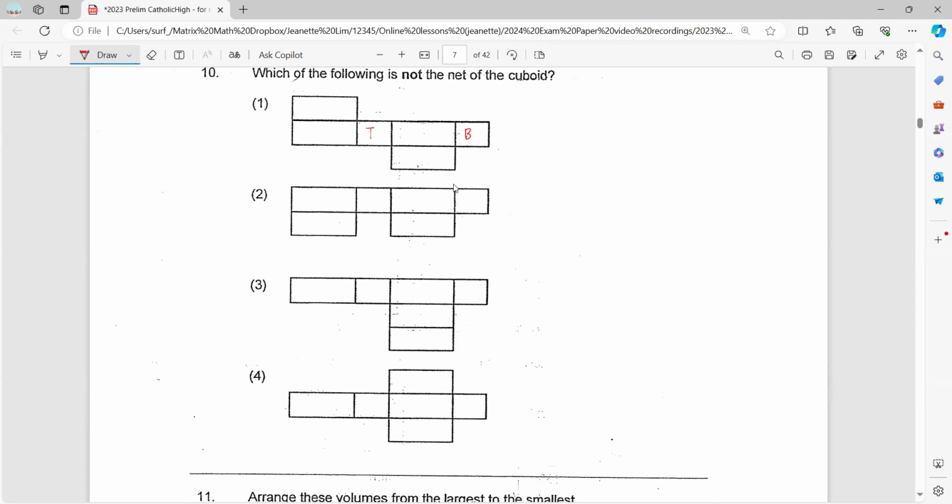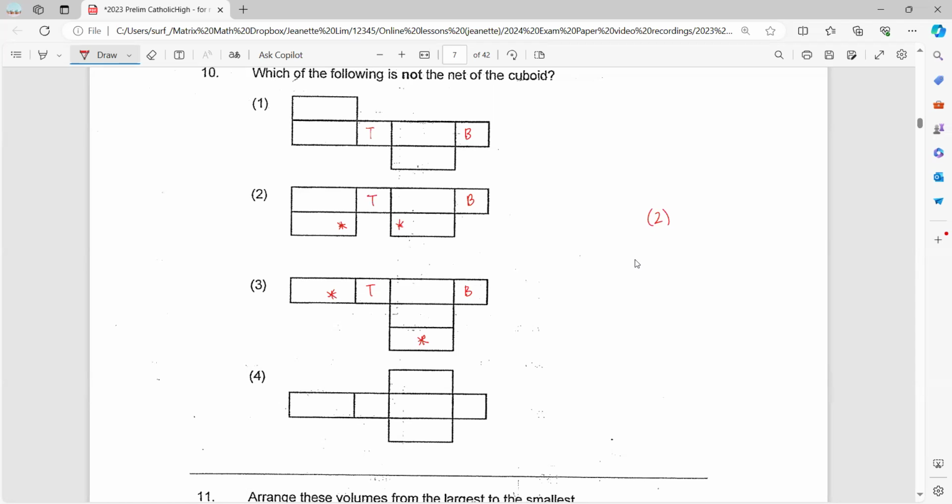So you have the 4 sides. Okay, so then this is the top, this is the bottom. Now these two will overlap, right? So actually, option 2 is not the net of the cuboid. Oh, sorry. Okay, I know what's wrong with this question. If you look at option 3, this one and this one will actually overlap.